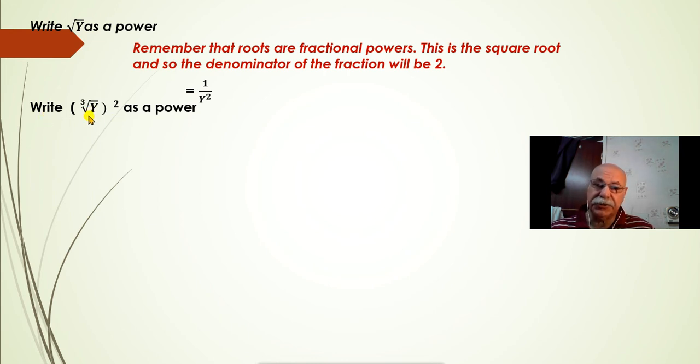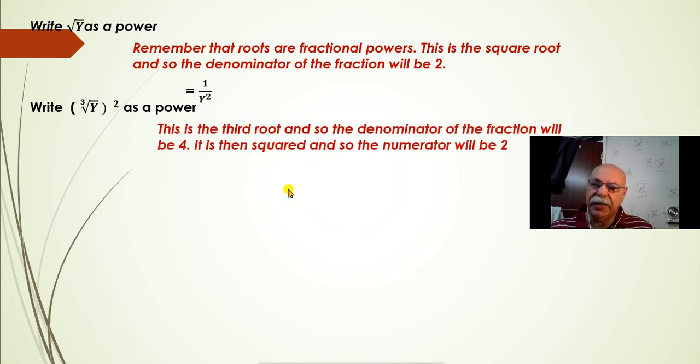Right? This question is in brackets: cube root of y power 2, raised to power 2, meaning the bracket multiplied by itself twice, as a power. Convert it to a power also. This is the third root, so the denominator of the fraction will be 3, and the numerator is 4. What is the meaning? It means it is squared, and this number will be 2.